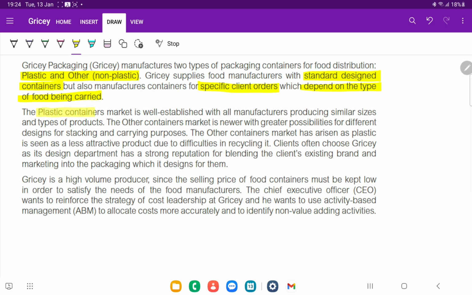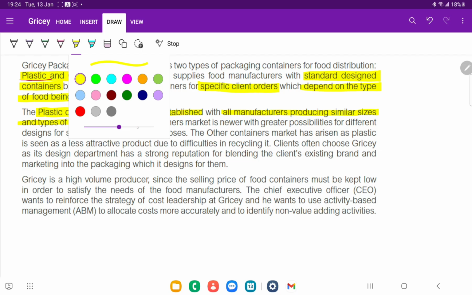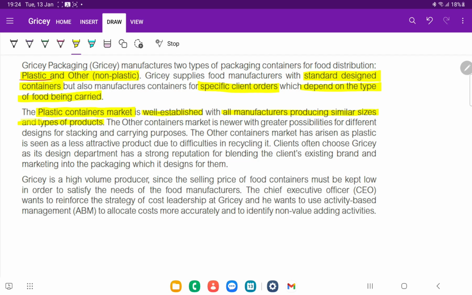The plastic container market, which is the first product, is well established with all manufacturers producing similar sizes and types of product. So it means that probably we don't have multiple different options here, right? The market is competitive and all are producing a very similar product.